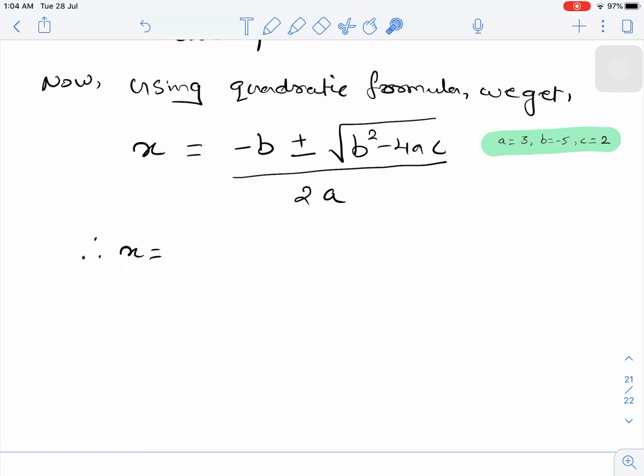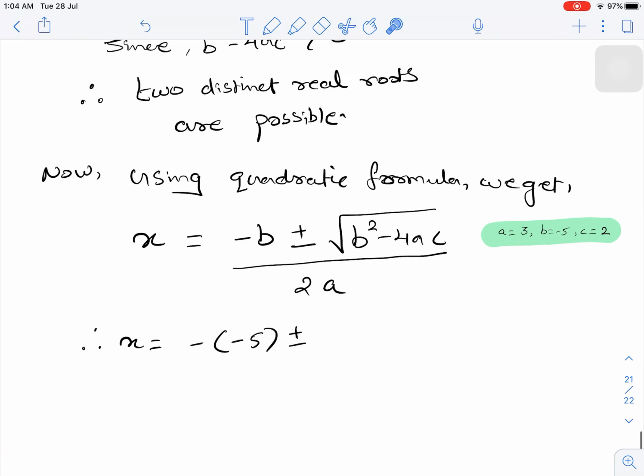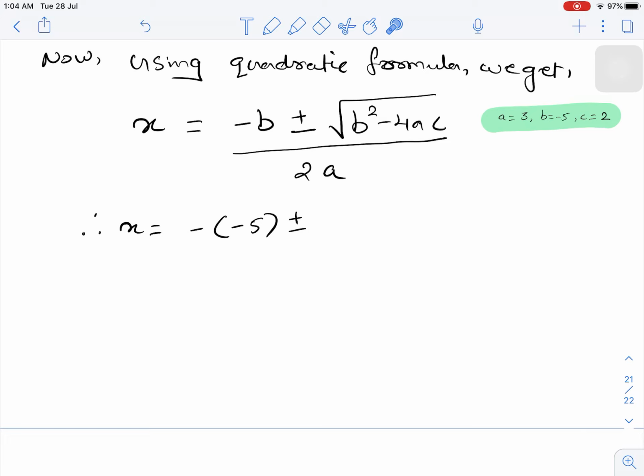Now x equals minus of b. What is the value of b? It is minus 5. So how to write it? Minus in bracket minus 5. Remember that this minus is of the formula, and the value of b was minus 5. Then plus or minus, then b square minus 4ac, whose value we already have, that is 1, under root of 1, upon 2 into the value of a, which is 3.